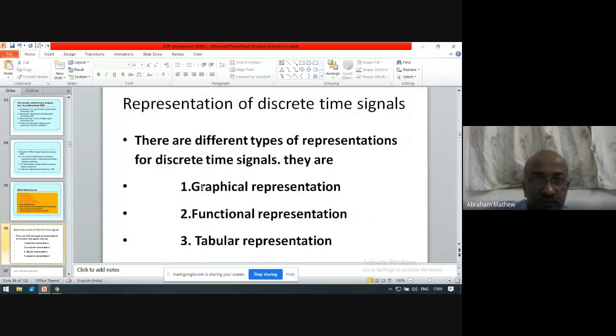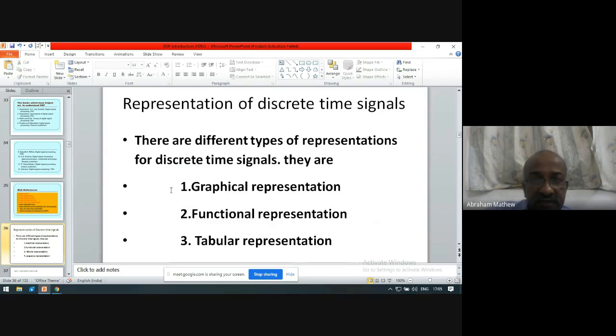Let us now see the various ways of representing discrete time signals. I'm just brushing up the things that is essential for proceeding deep into DSP.